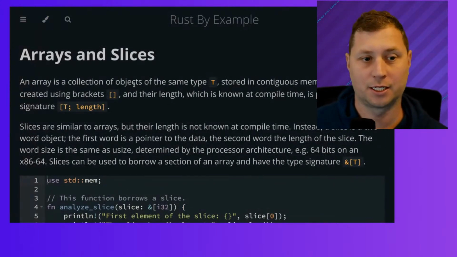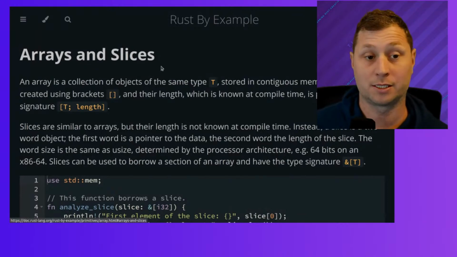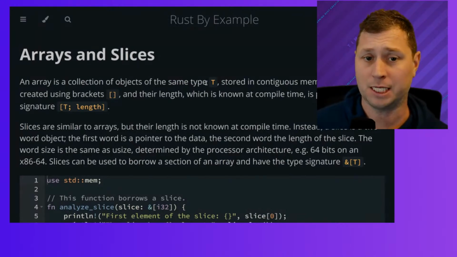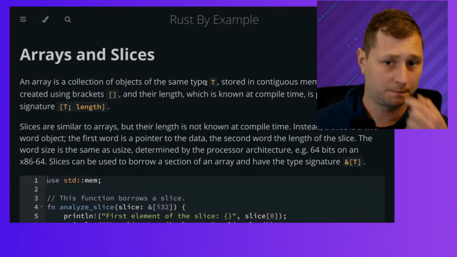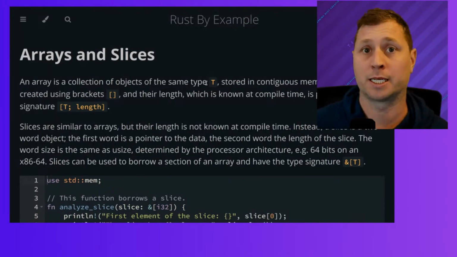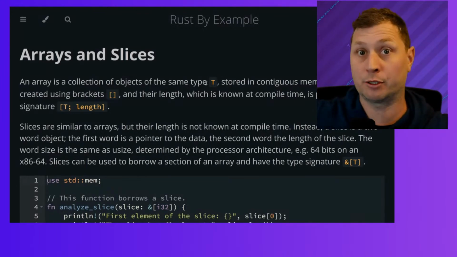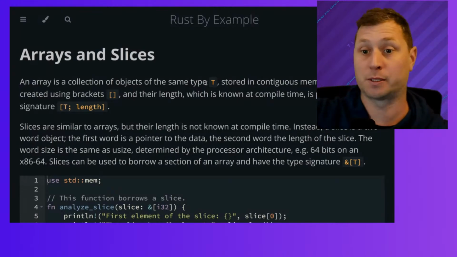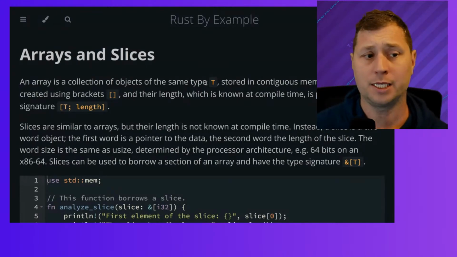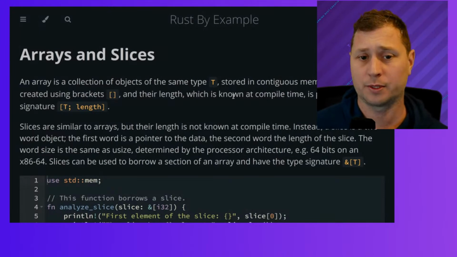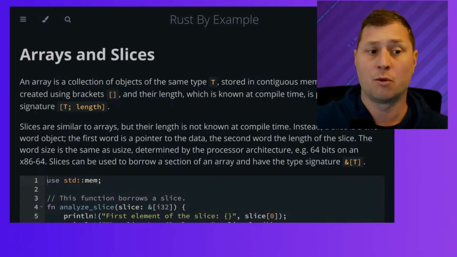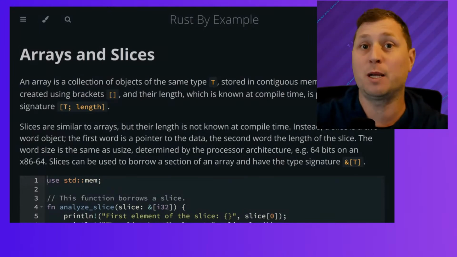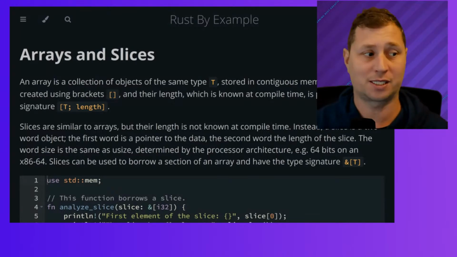An array is a collection of objects, and slices. So arrays and slices. An array is a collection of objects of the same type T, so they must be the same type, stored in contiguous memory. That is, inside the memory address space, they are right next to each other. Arrays are created using brackets, and their length is known at compile time. That is, arrays must be of fixed size.